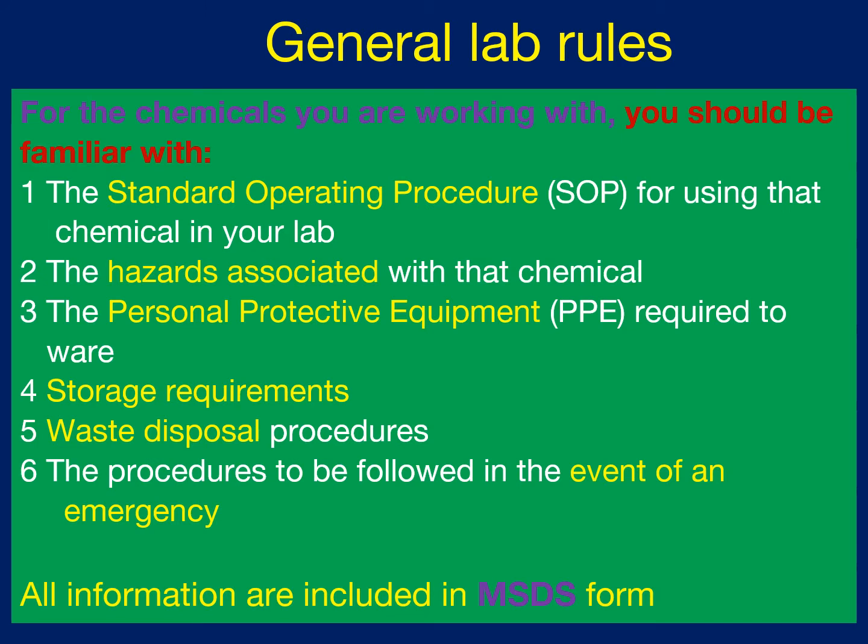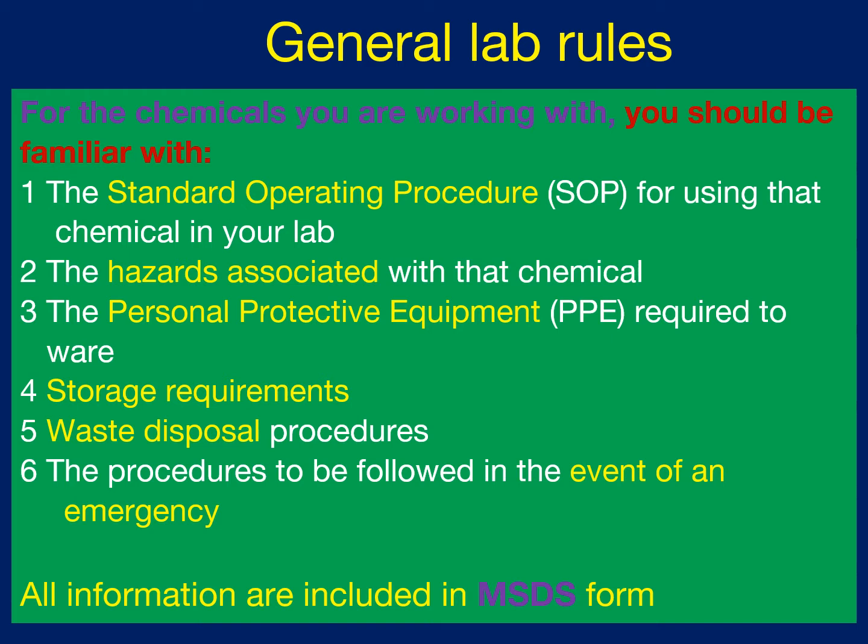You should be familiar with the standard operating procedure if you are going to handle some chemicals, what kind of hazardous symbols are associated with this chemical, what kind of personal protective equipment you should wear, how to store those chemicals, how to dispose of the waste, and how you can handle an emergency.